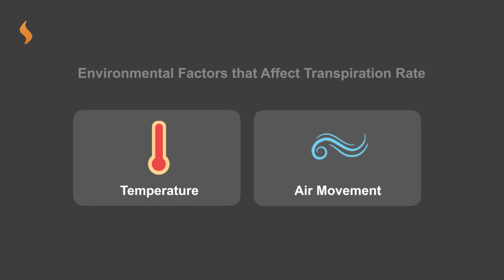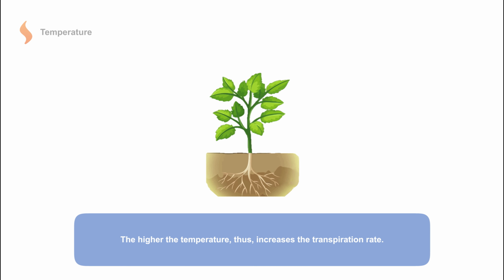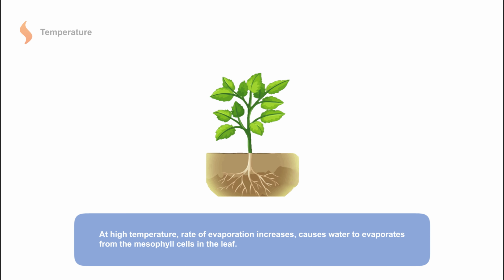Now, we will look at how temperature can affect the transpiration rate. The higher the temperature, the higher the transpiration rate. At high temperature, the rate of evaporation increases, causing water to evaporate from the mesophyll cells in the leaf.